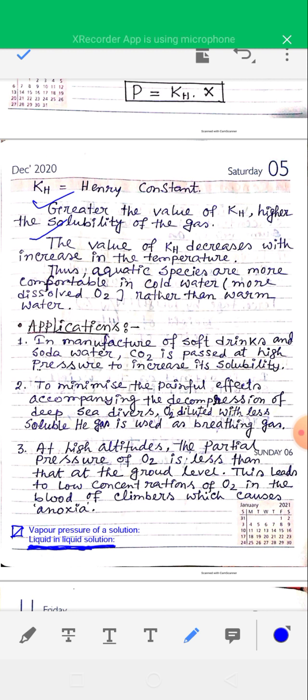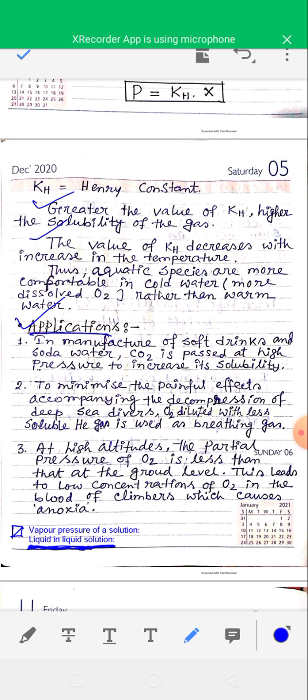Now see applications of Henry's law. There are many important applications of Henry's law. For example, in manufacture of soft drinks and soda water, carbon dioxide is passed at very high pressure to increase the solubility of carbon dioxide in water.